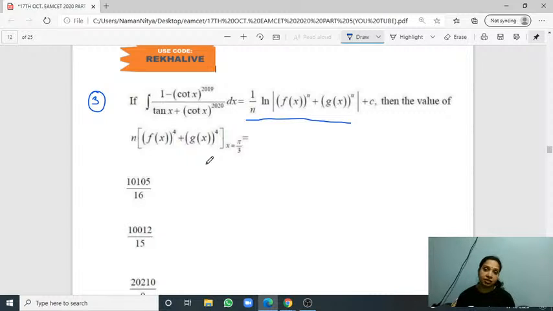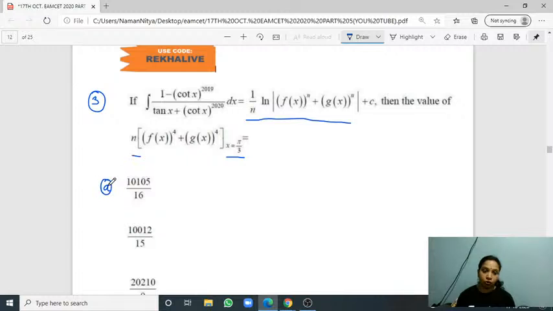Then they are asking the value of n into (f of x) whole power 4 plus (g of x) whole power 4 at x equal to pi by 3. What will be the value?